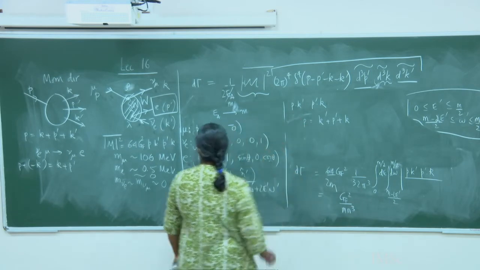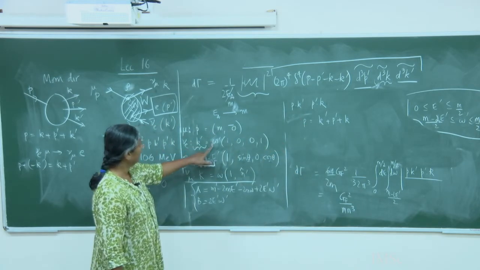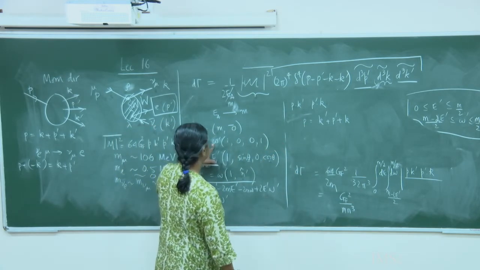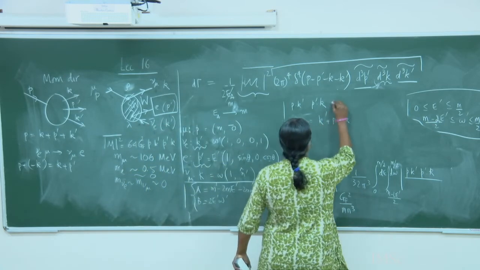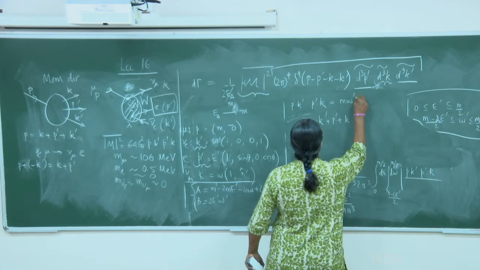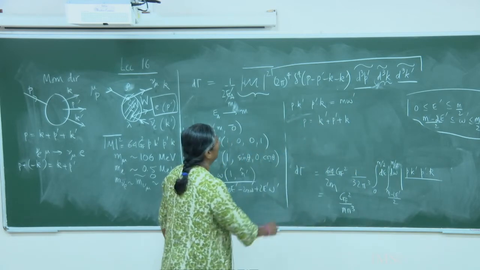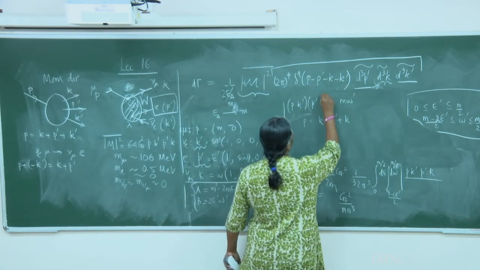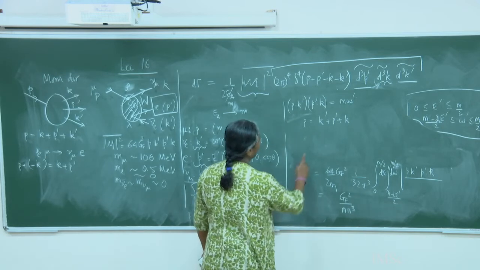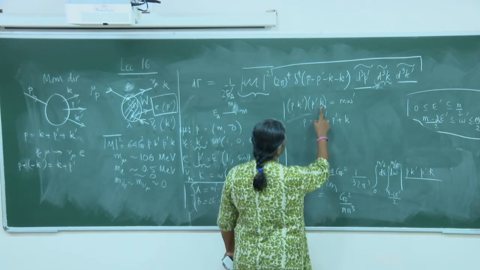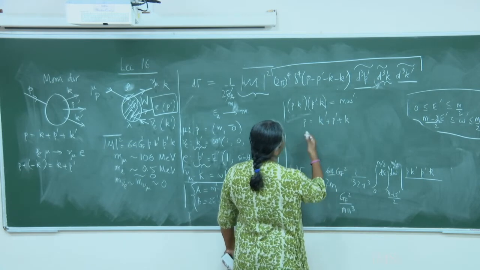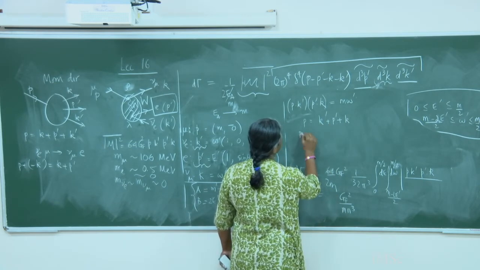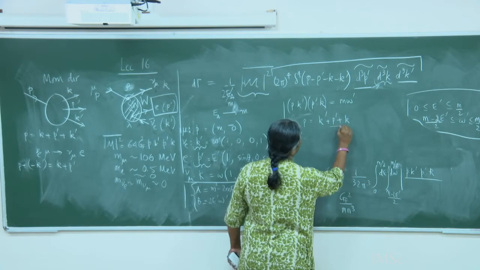So what is p dot k prime? P dot k prime is m omega prime. You can see that, right? There is no other term. So the first term is m omega prime. What is the second term? To find p prime dot k, of course I can substitute k as p minus k prime minus p prime, but a simpler thing to do is to just bring, because I want p prime dot k, right?